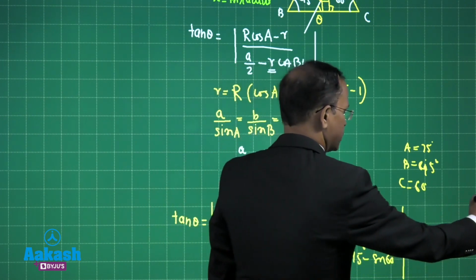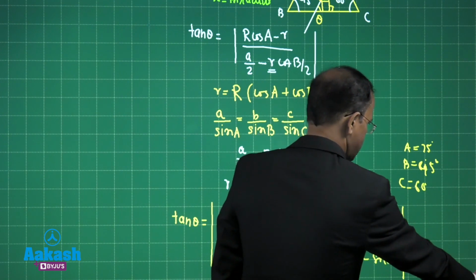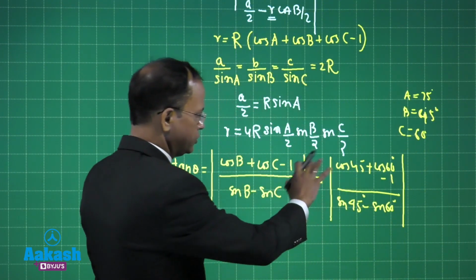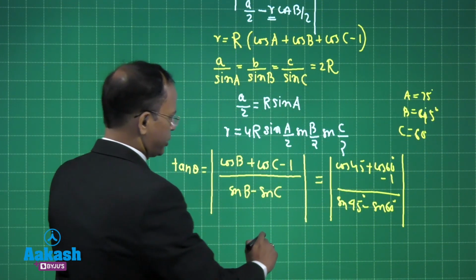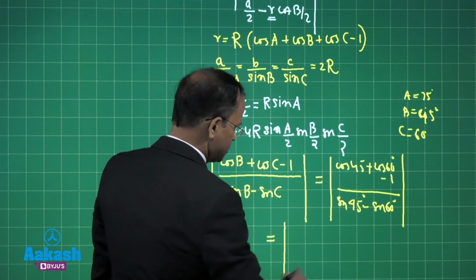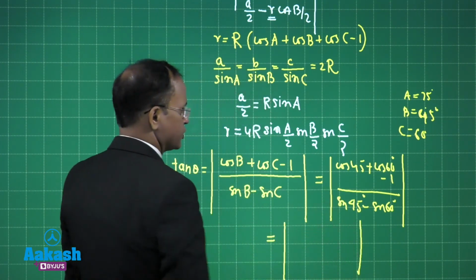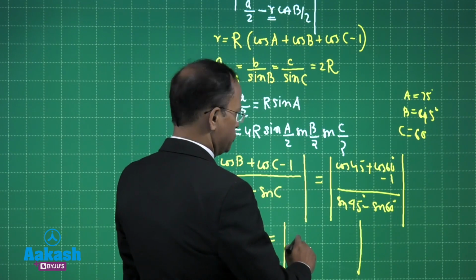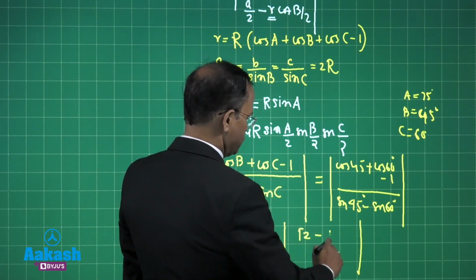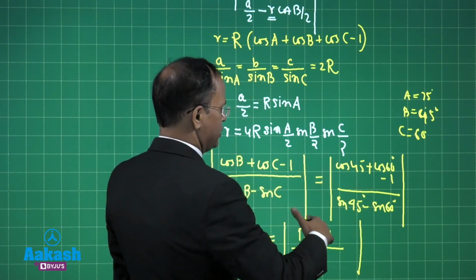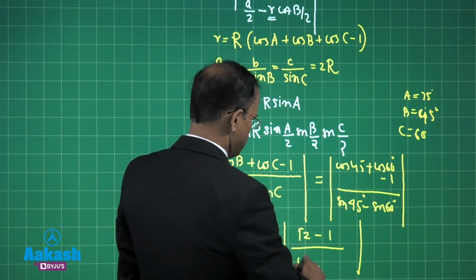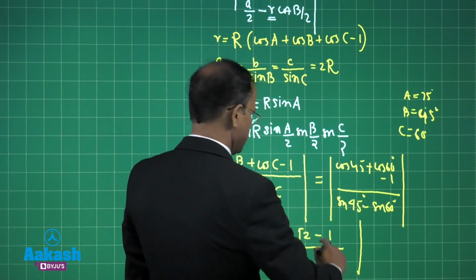So, these are the values we are talking about. Once we do this calculation, we can get the simplified form: root 2 minus 1 upon root 3 minus root 2. Can you see that? This is what we have.